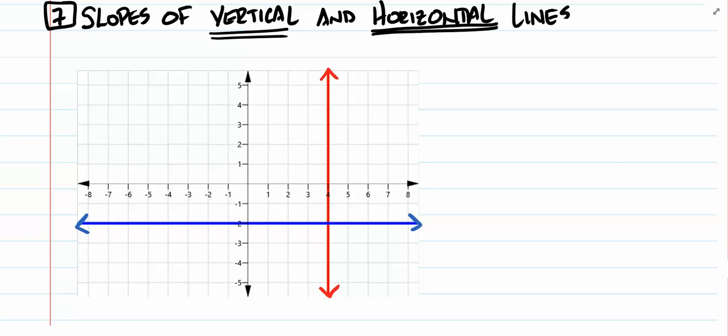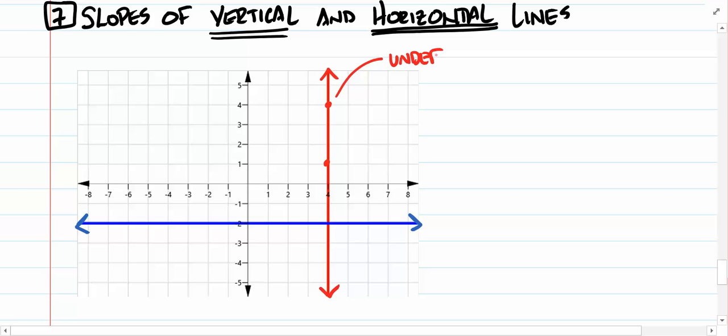Box number 7 is all about slopes of vertical and horizontal lines. So let's take a look at this vertical line. It's the red line that I have here, okay? The slope of a vertical line is undefined. Okay, and the reason it is undefined is because consider these 2 points right here. This would be the point (4, 4), and this would be the point (4, 1).